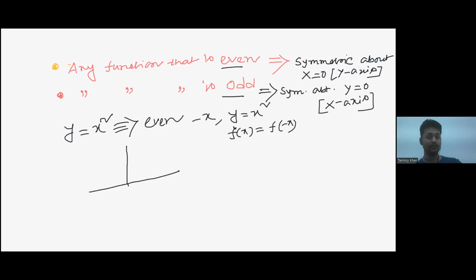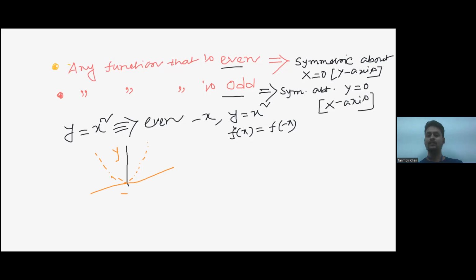Let's say if this is the plot, then it will appear like this. This is symmetric.